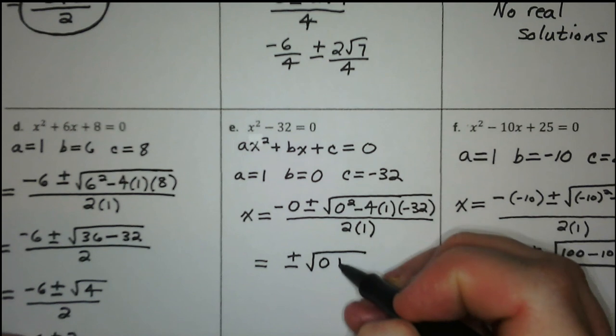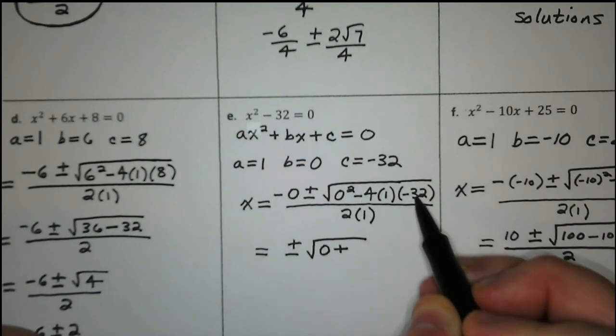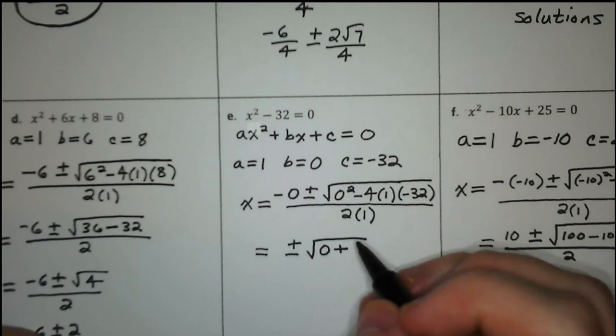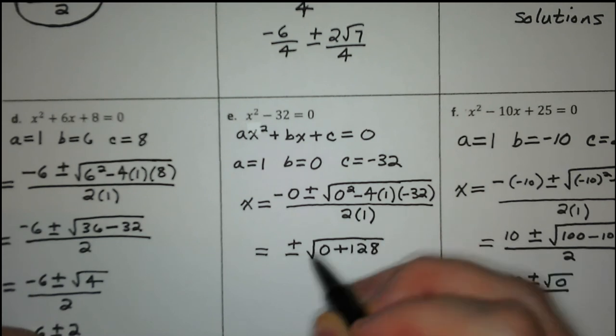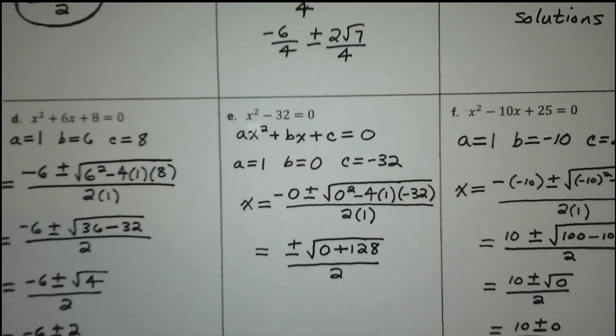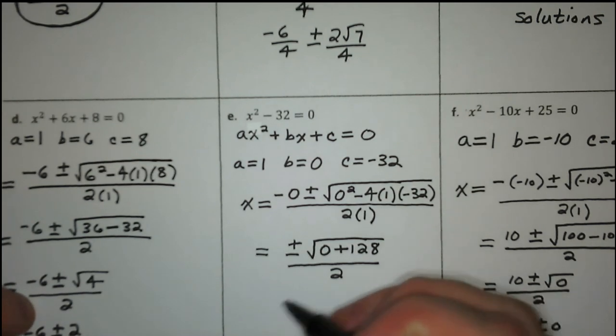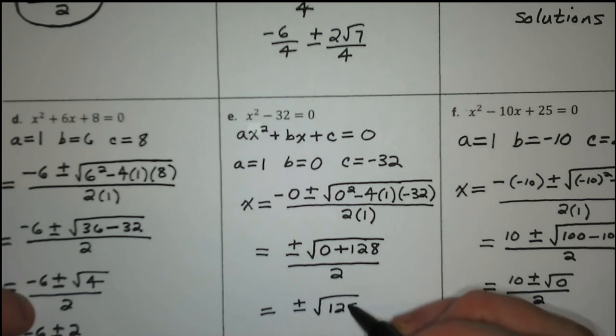That's going to be positive, because a negative 4 times a negative 32 is positive 128, all over 2. All right? Just knowing your way around positives and negatives. And so you know what? We have 0 plus 128. It's just 128.